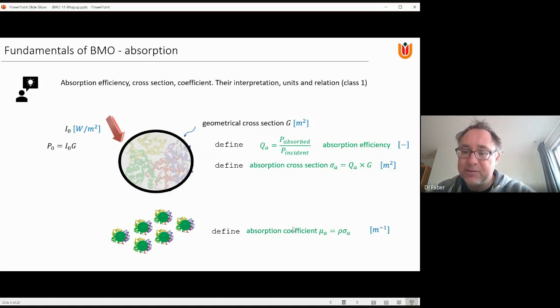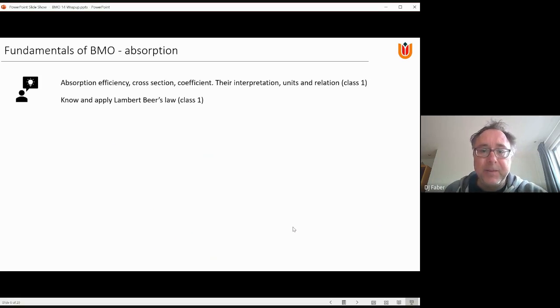So rho is the number of molecules per unit volume. These are the three basic properties and how they are linked together. Of course, once we know the absorption coefficient, we can use Beer's law to calculate absorption losses as light travels through a cuvette or through a tissue.